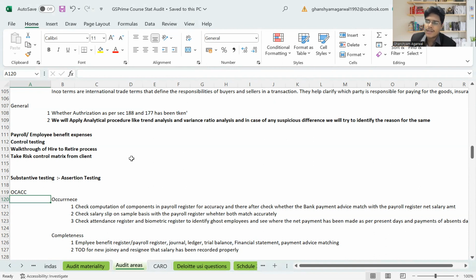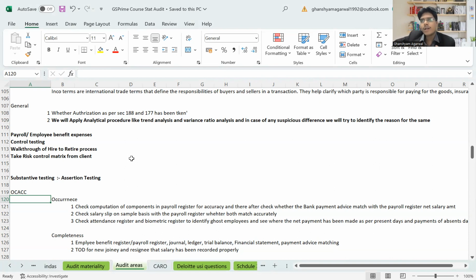Risk control matrix we'll discuss in a separate topic, but basically this is the risk, this is the control, this is the control owner, this control might be automated or manual, and this is the frequency of control. If this control lapses, what will be the impact on the financial statements?